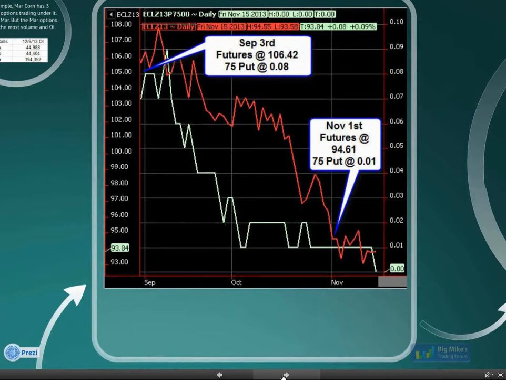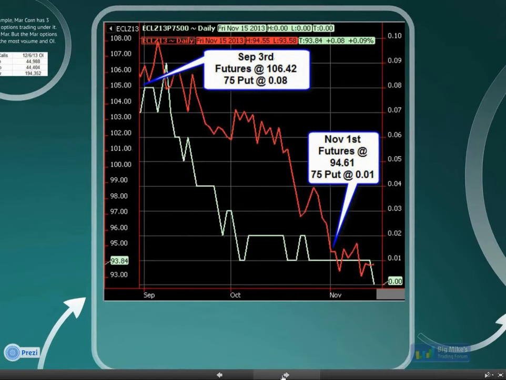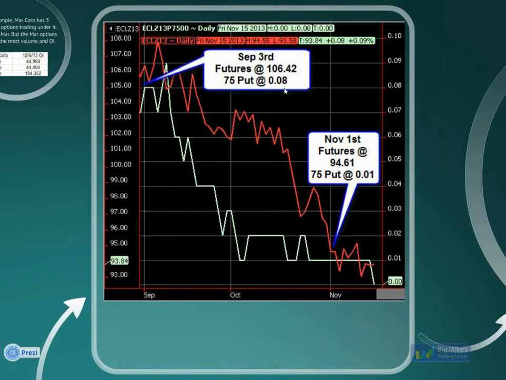For example, let's just say that this is the December crude contract, and on September 3rd, the futures were at 106.42. And on that day, you thought that crude oil futures were going to be going higher. So you sold a 75 put for 8 cents.